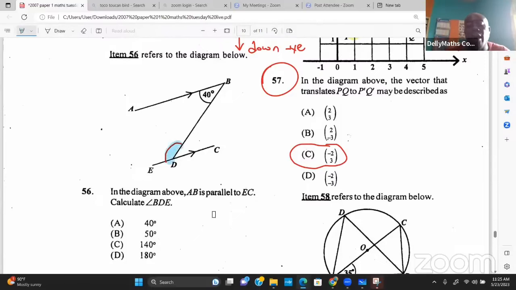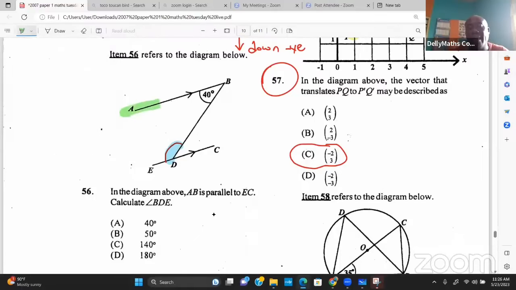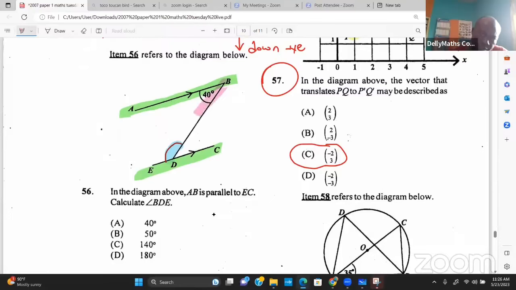One is to understand that if I have 2 parallel lines that were cut by a transversal, then a lot of things are going on.